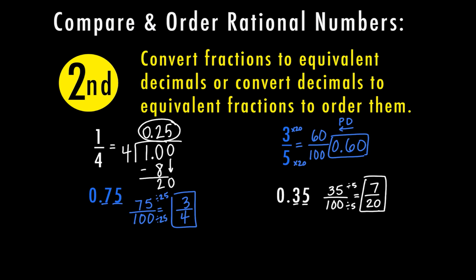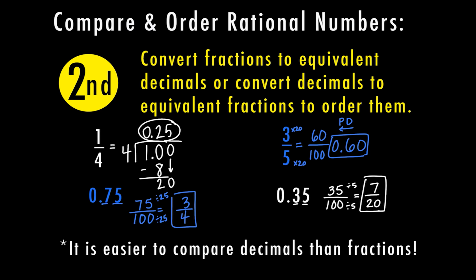Now, there are many ways that you can convert in order to compare or order rational numbers, but in my opinion, it's easier to compare decimals than fractions. If we look at our fractions down here, 3/4 and 7/20, in order to compare these, we have to have a common denominator, which means we're going to have to make some adjustments to the 3/4 in order to have a denominator of 20 that matches.